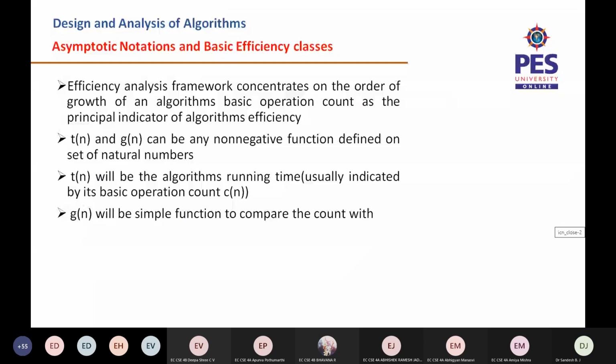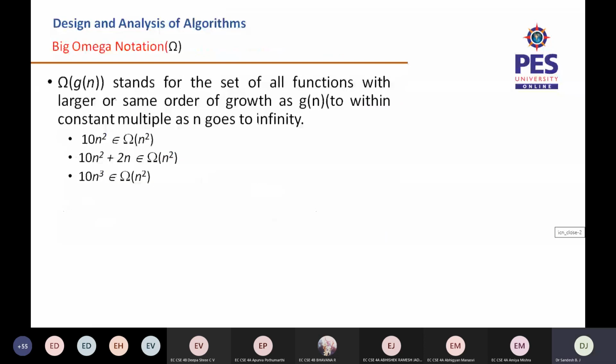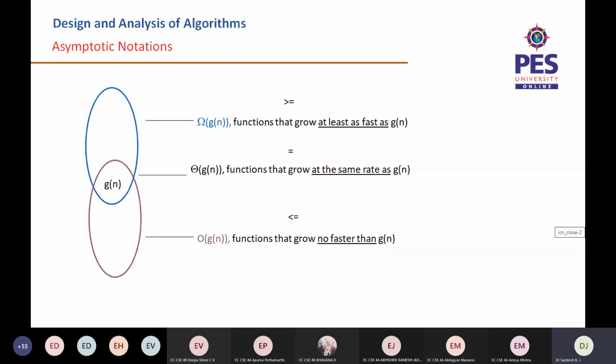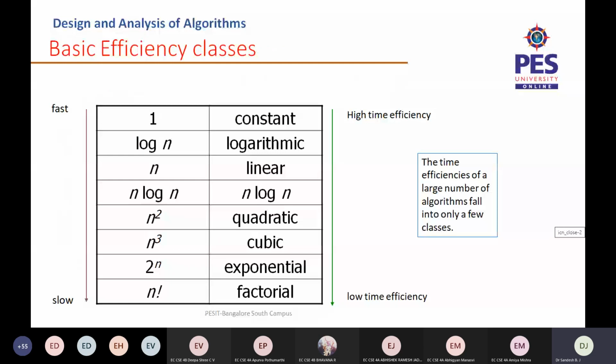Worst case, best case, and average case efficiencies. Then you have certain classes of efficiency. So these are all the efficiency classes. Your algorithm may take constant time. It will be represented as 1.